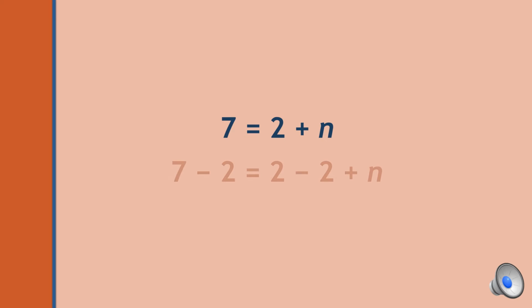Hopefully you have an equation that looks like this: 7 minus 2 equals 2 minus 2 plus n. We have a 5 on the left-hand side because 7 minus 2 equals 5. The 2's cancel each other out on the right-hand side, and so 5 equals n, or n equals 5. We could plug that back in to the top and say 7 equals 2 plus 5, and we know that to be true.